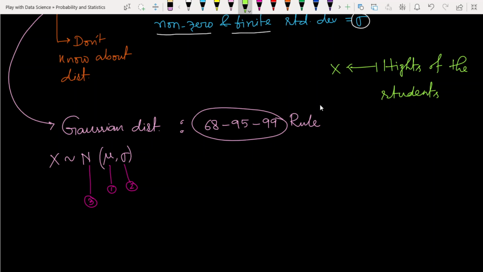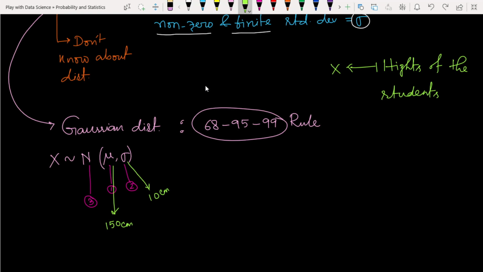For this random variable X, let's take the mean value to be 150 centimeters, the standard deviation to be 10 centimeters, and let's take it to be normally distributed. That's what I have taken.